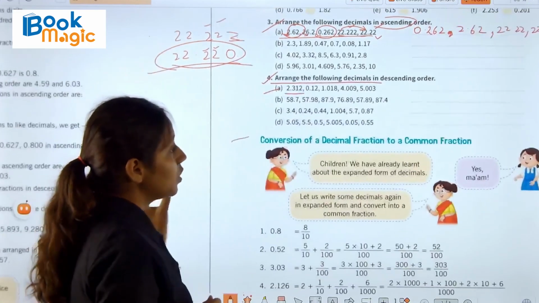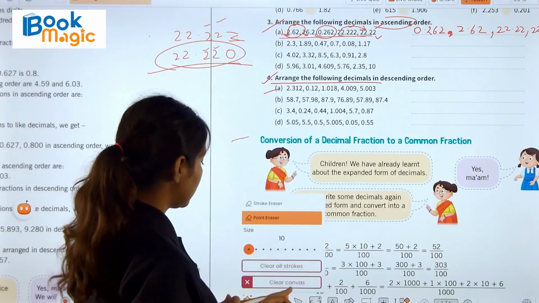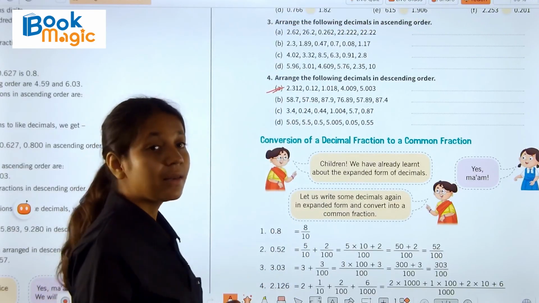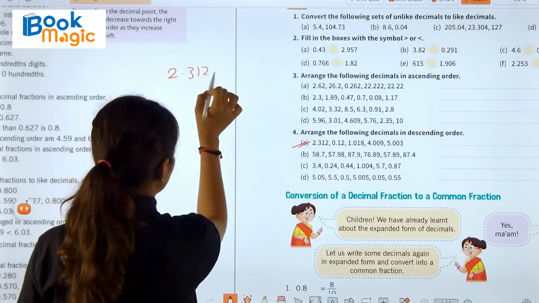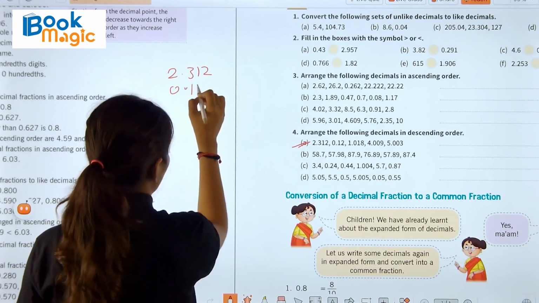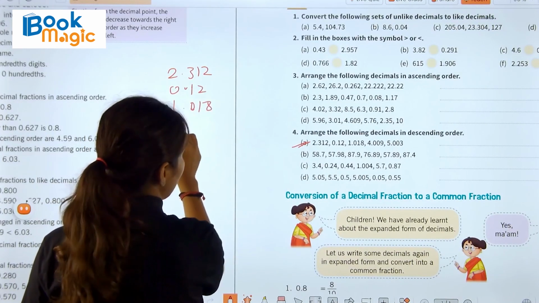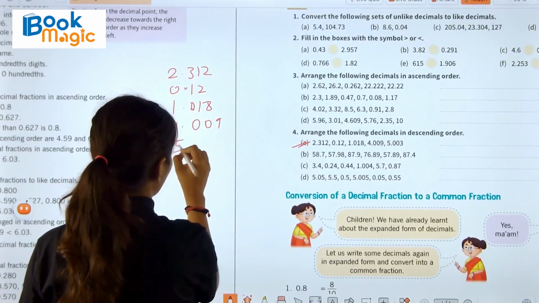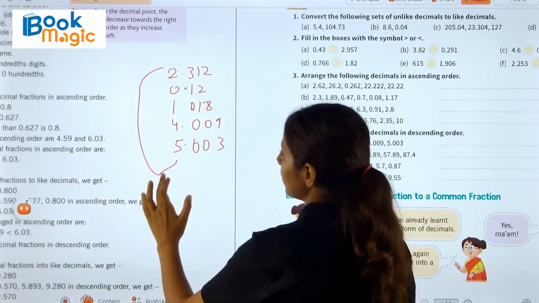To arrange them in descending order, we firstly write the values by making them like decimals. So we have 2.312, then 0.12, then 1.018, then 4.009, then 5.003.